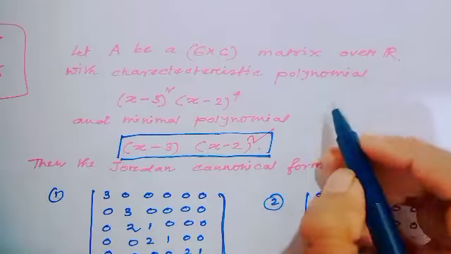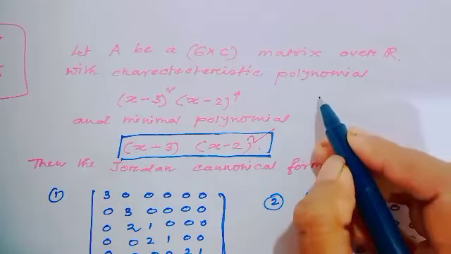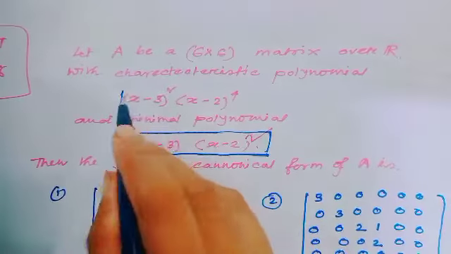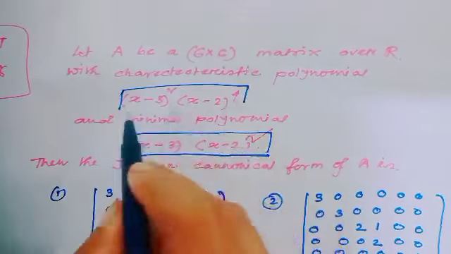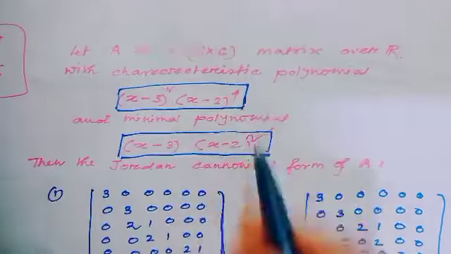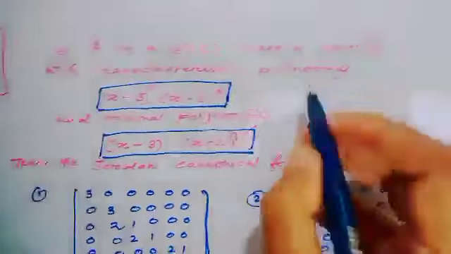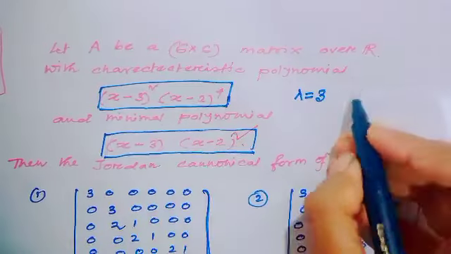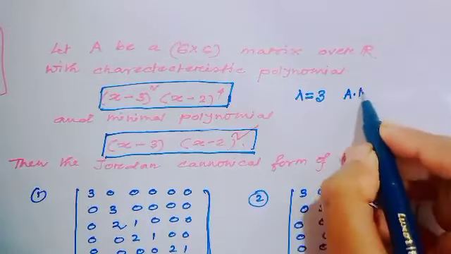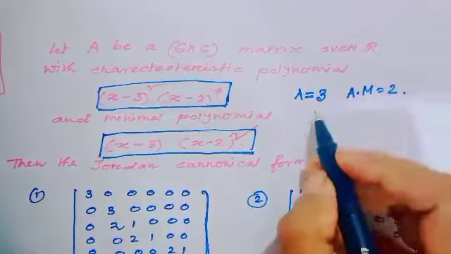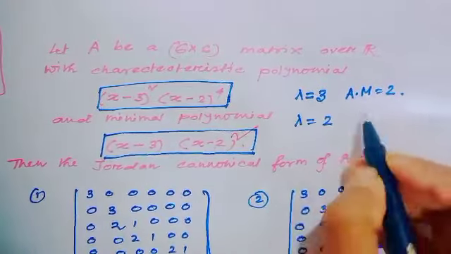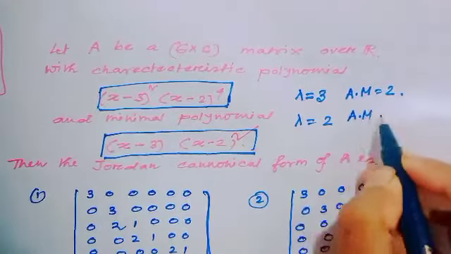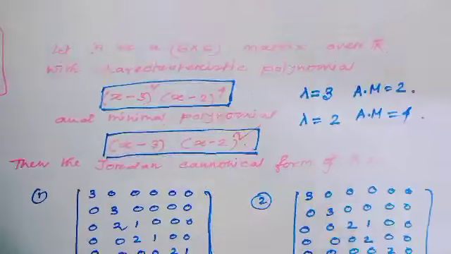that means, and the characteristic polynomial is x minus 3 whole square times x minus 2 to the power 4. Therefore, the eigenvalue 3 has algebraic multiplicity 2 and the eigenvalue 2 has algebraic multiplicity 4. Okay?